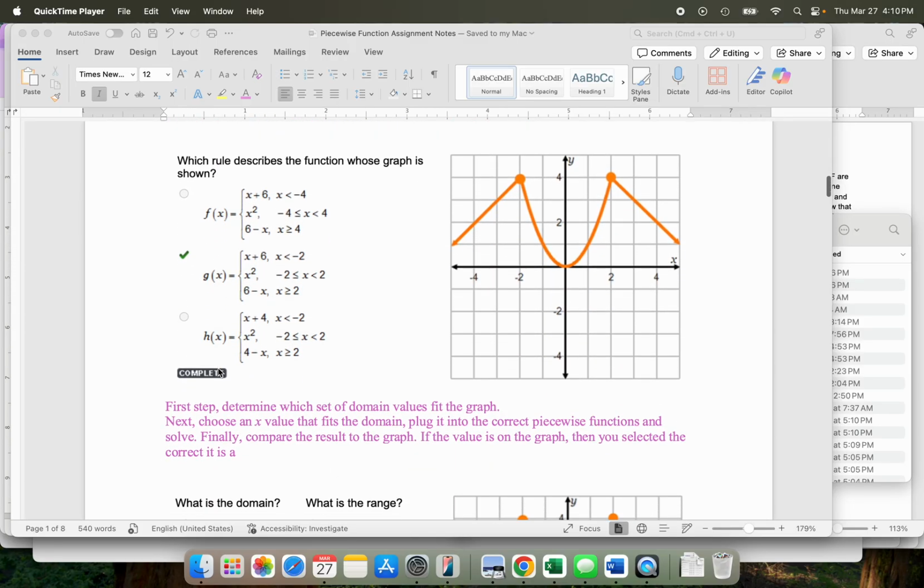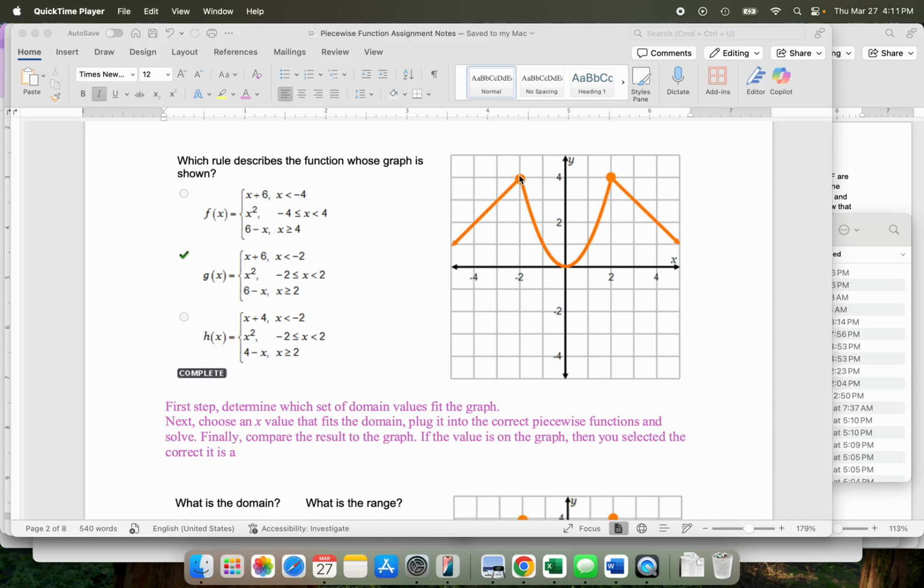All right, for the next one, we're looking for which rule describes the function whose graph is shown. So we're going to look at the parameters. And for this one, I first looked at my range of values here.